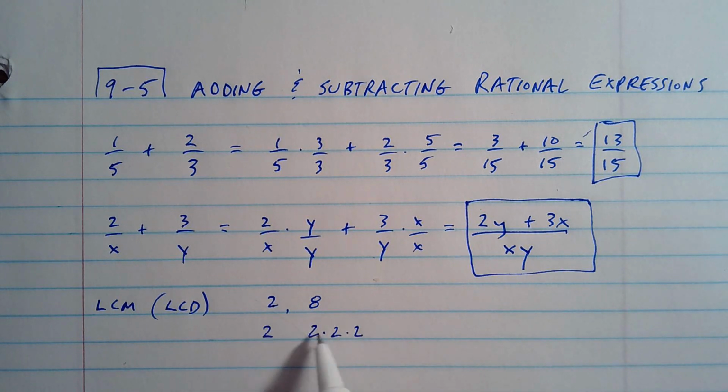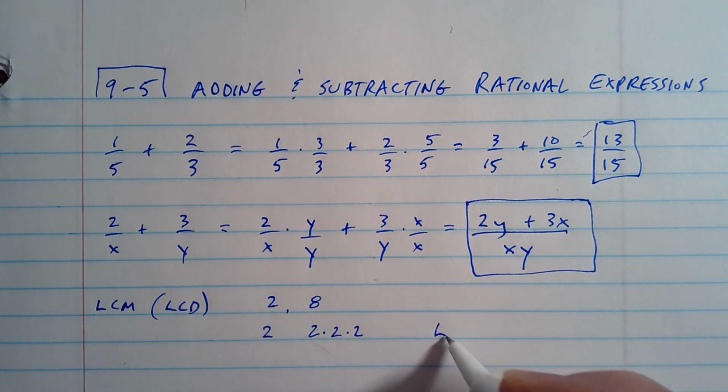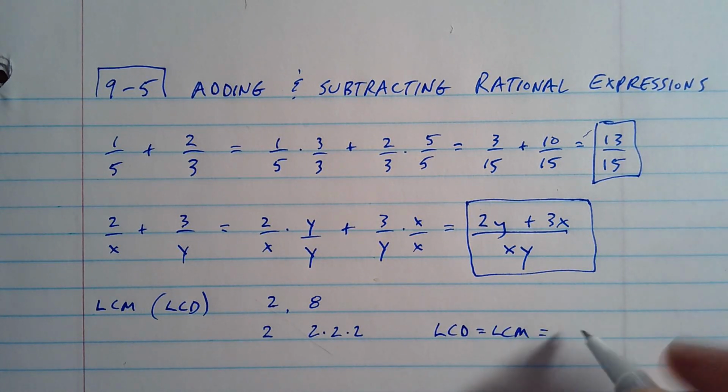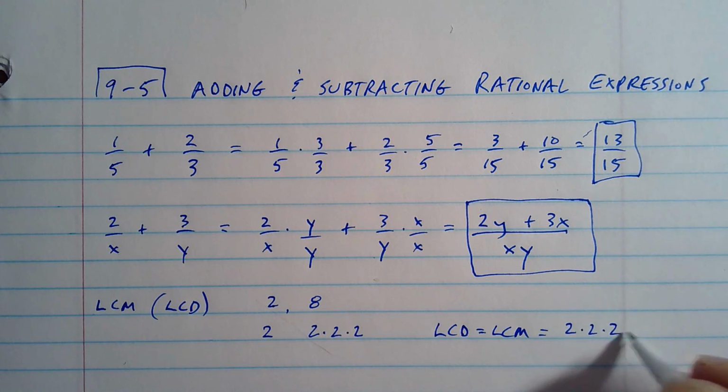So here's the prime factorization. 2 is prime, so it's just 2. 8's 3 2's multiplied together. To build or make my least common multiple, I need all the pieces to make either one, but no repeats. So if I take these 3 2's, that'll make the 8, will also make that 2. So that's my least common denominator, or least common multiple, which is 2 times 2 times 2, or 8.